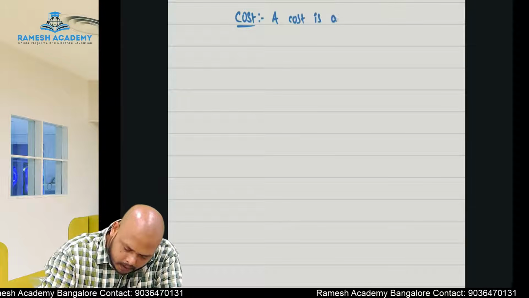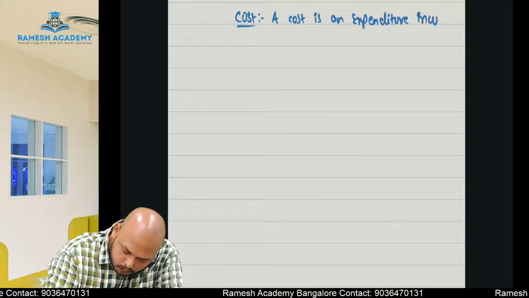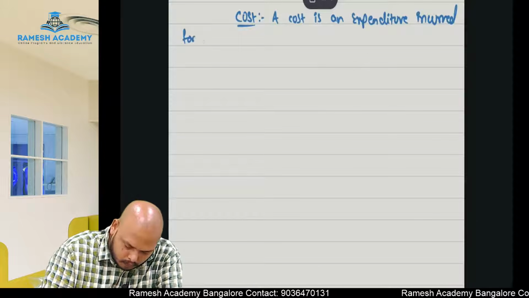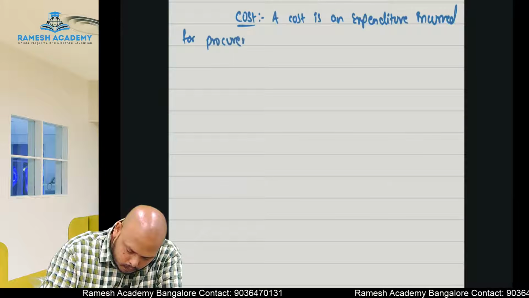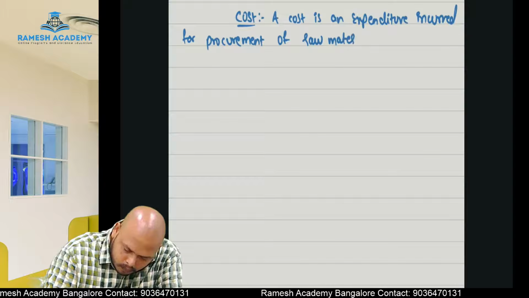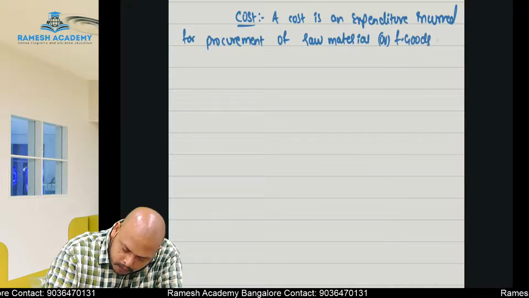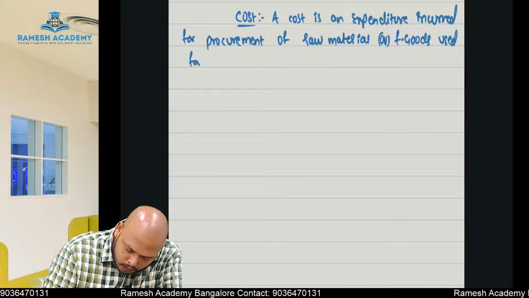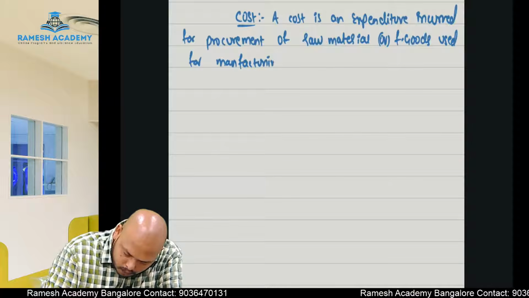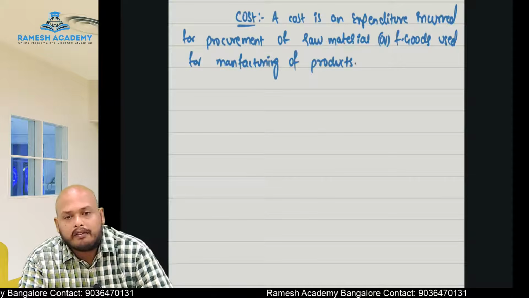A cost is an expenditure incurred for procurement of raw material or finished goods used for manufacturing of products.